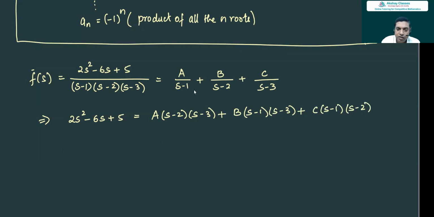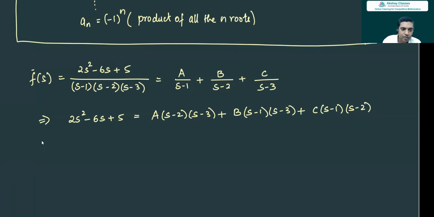What did I do? I have to equate this with this partial fractions. So I bring this to the common denominator and I get a into these two factors, b into these two factors, c into these two factors.